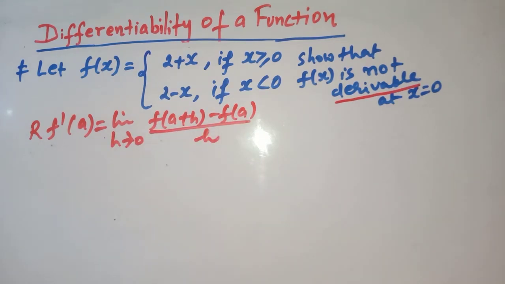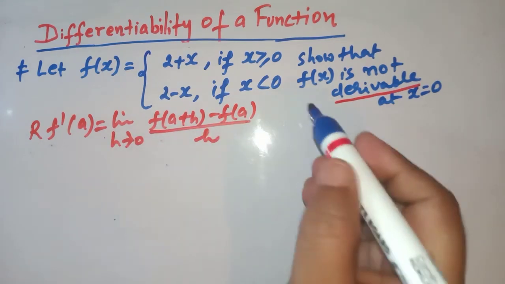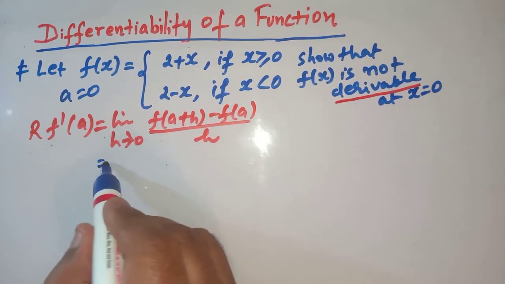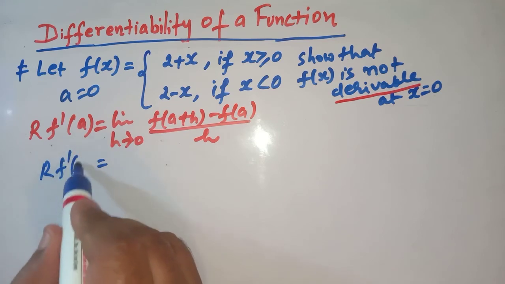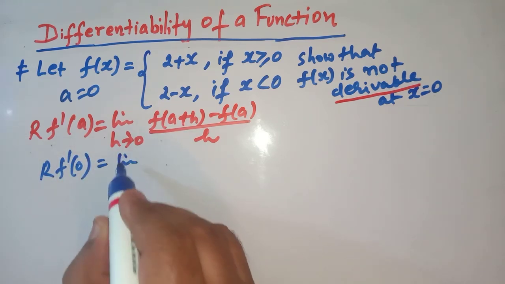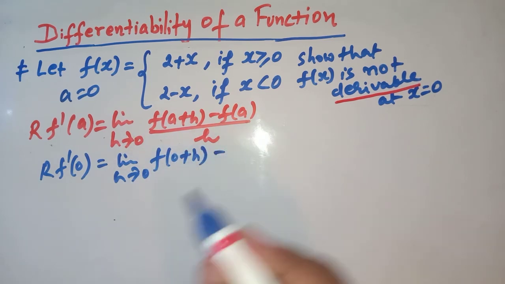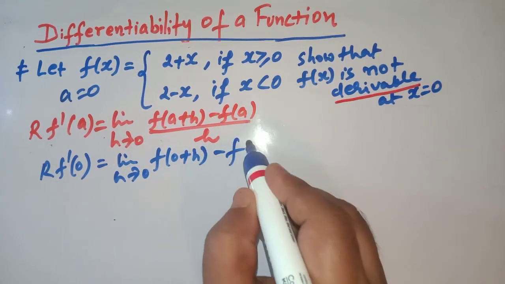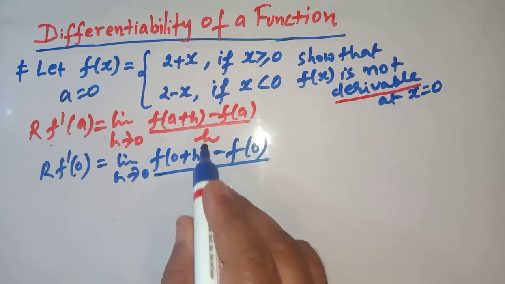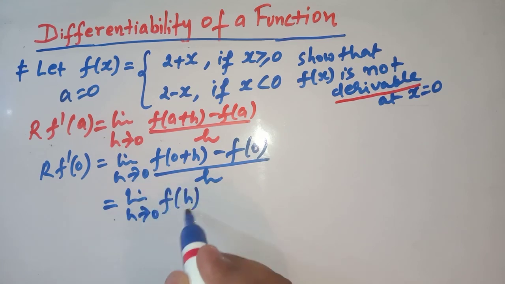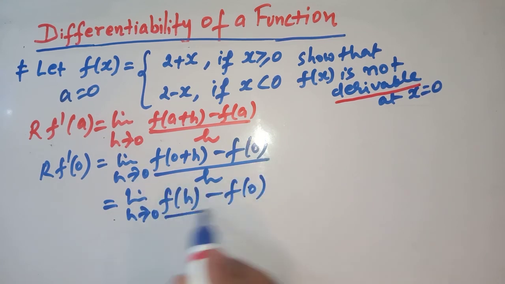Now here a is 0, so we have Rf'(0) equal to limit h tends to 0, f(0 + h) - f(0) over h. Clear? So this is limit h tends to 0, f(h) - f(0) upon h.